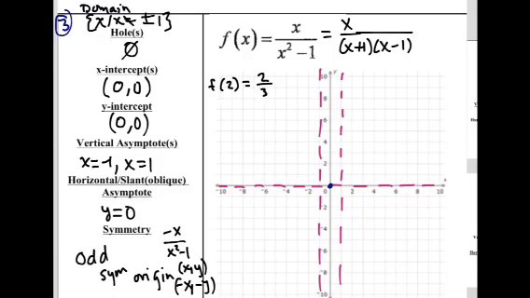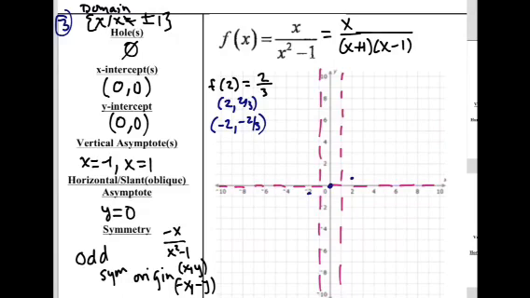So f of 2 is 2/3. So the point would be approximate, 2, 2/3. So I know automatically, because it's an odd function, that negative 2, negative 2/3 is on the graph also. So 2/3 approximately right here, and negative 2/3 approximately right there.